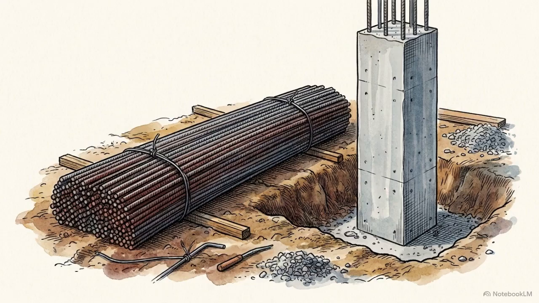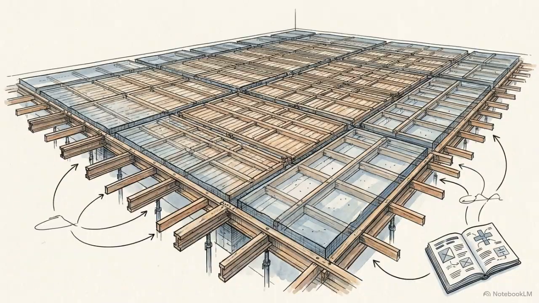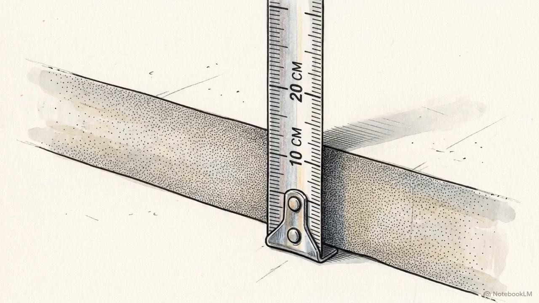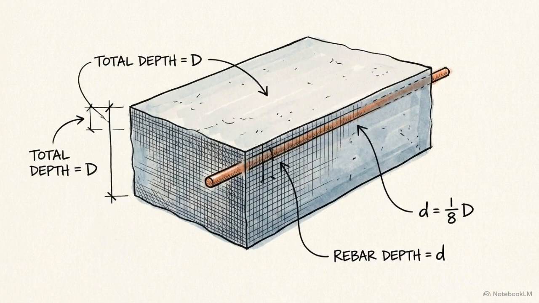While spacing grids handle shear and buckling, the physical diameter of the bars themselves introduces another constraint, particularly within the thin geometry of concrete slabs. The IS 456 slab thickness rule strictly limits the maximum diameter of any reinforcing bar to 1/8 of the total slab thickness, expressed as D/8.